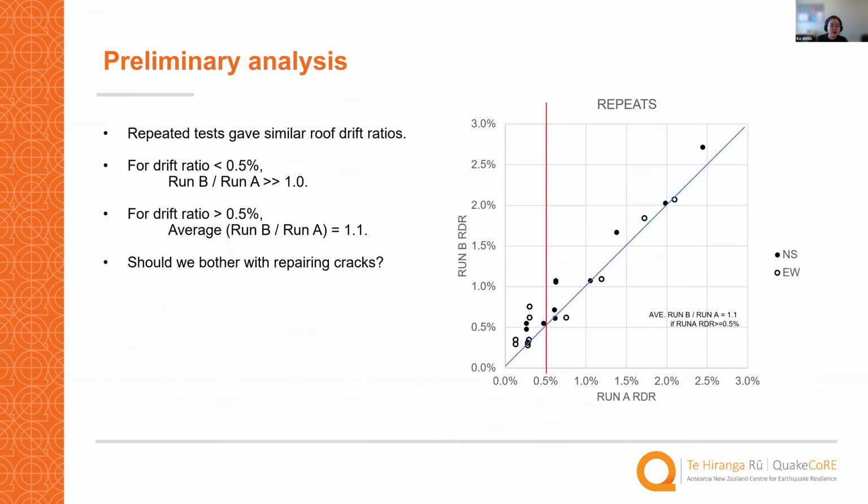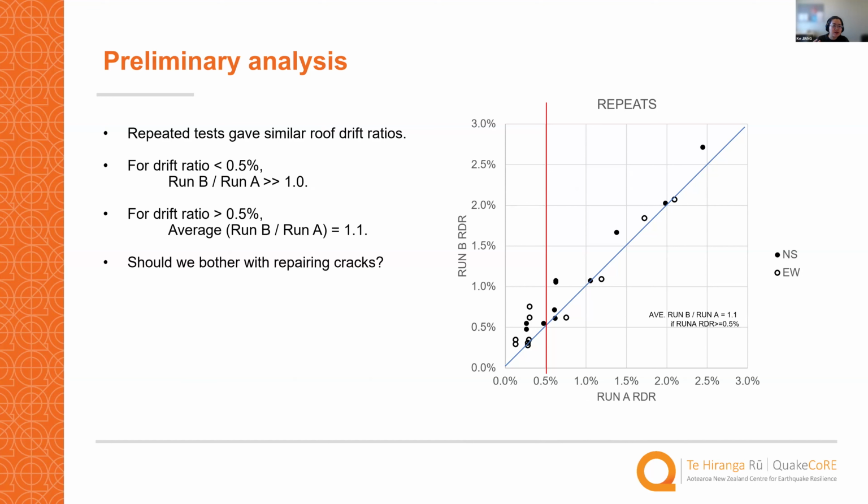And there's another quite interesting result we found, that is for the repeated test. This figure plots run A and run B's roof drift ratio. Run A and run B mean two runs with the same intensity. In general, they are aligned well with each other.